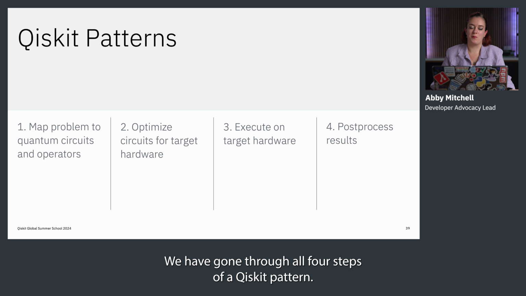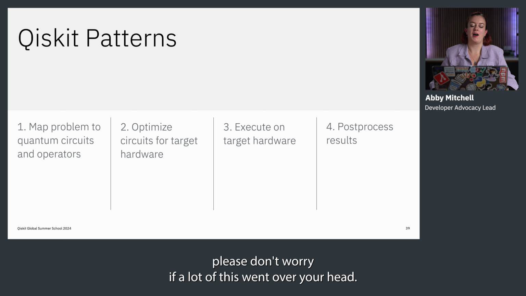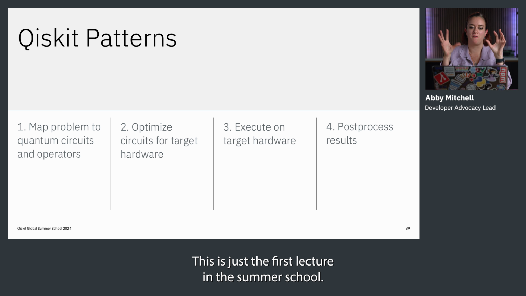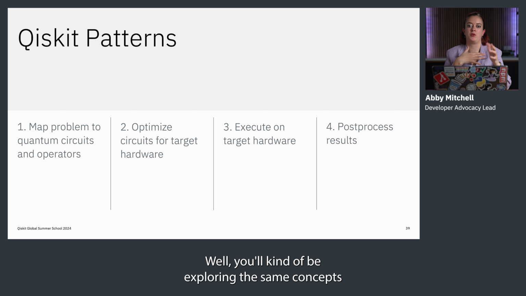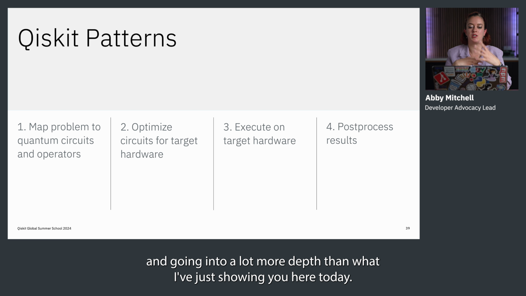And so there we have it. We have gone through all 4 steps of a Qiskit pattern. Please don't worry if a lot of this went over your head. This is just the first lecture in the summer school. You will have plenty more lectures to go through where you'll be exploring the same concepts and going into a lot more depth than what I've just shown you here today.